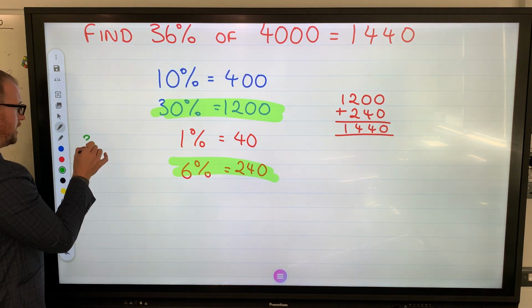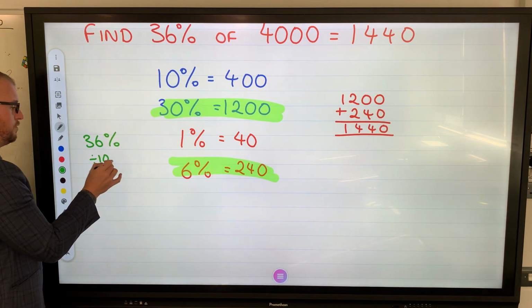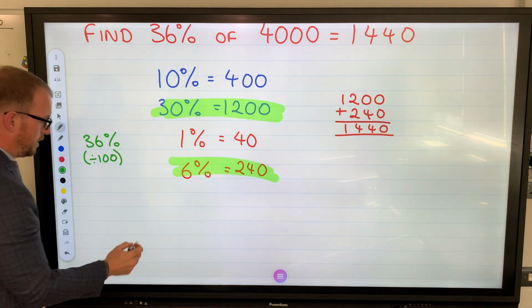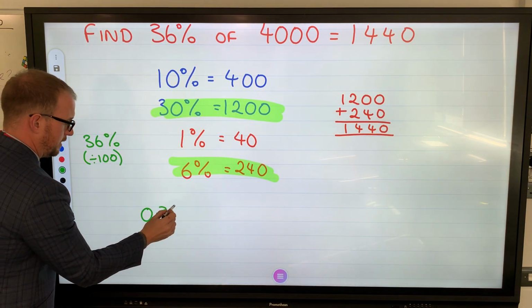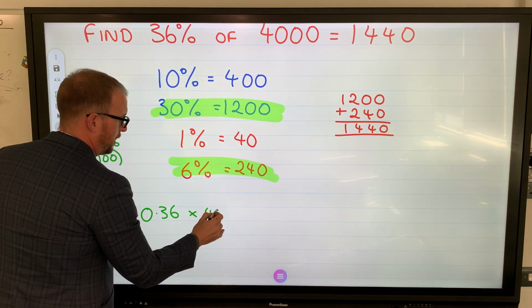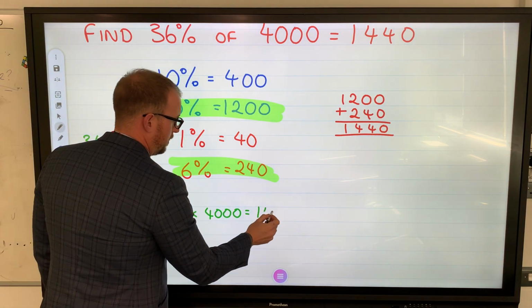To get 36% into a decimal, I need to divide it by 100. 36 divided by 100 is 0.36. Of means times, 4,000. Pop that in the calculator.